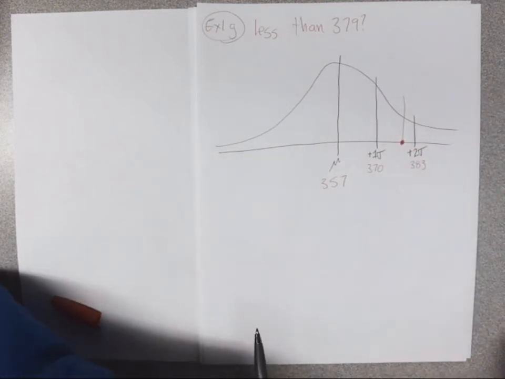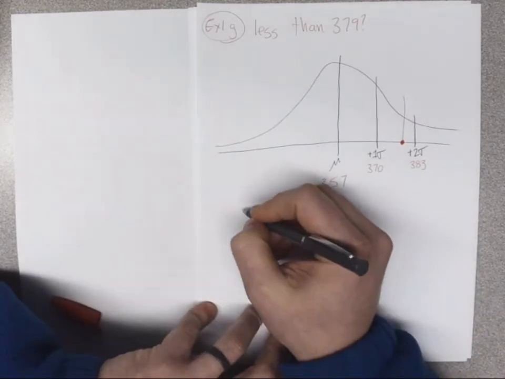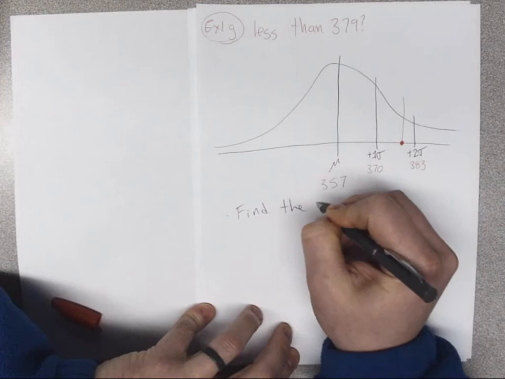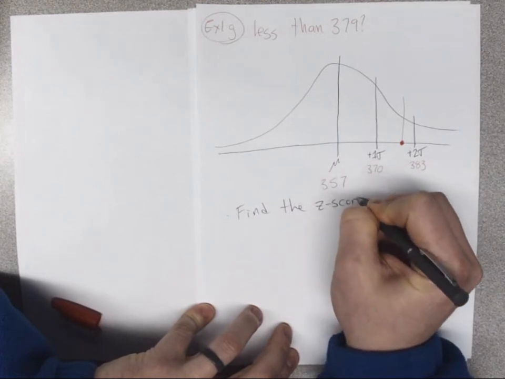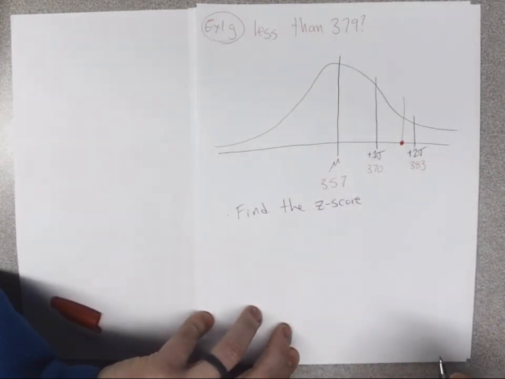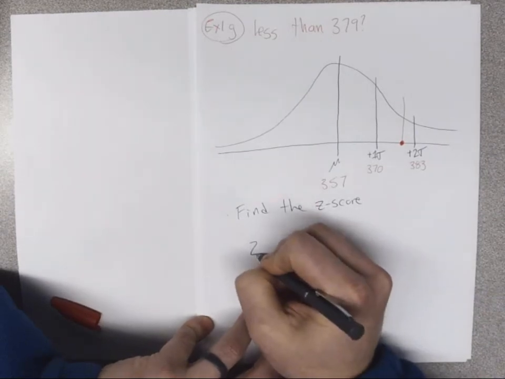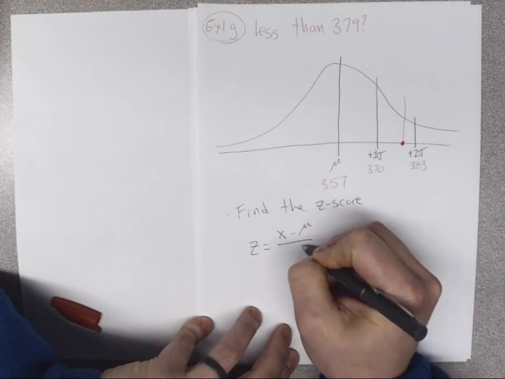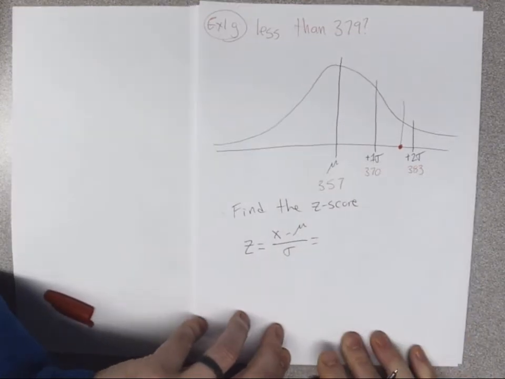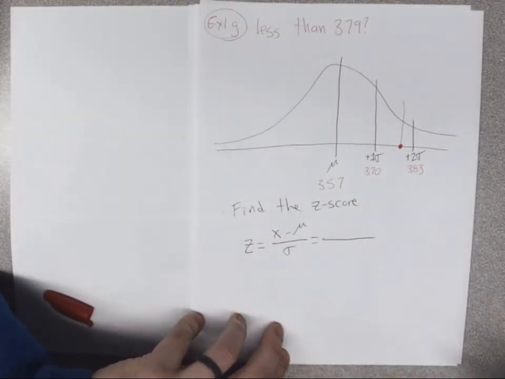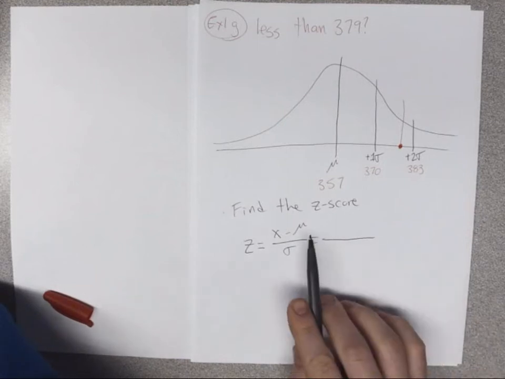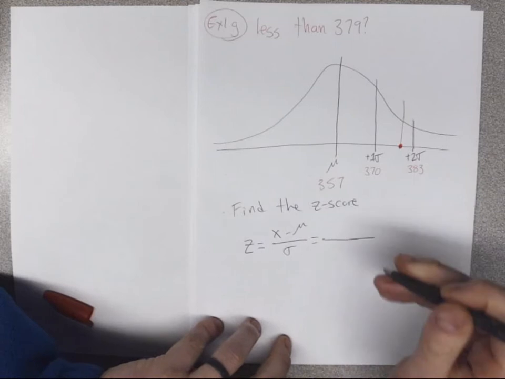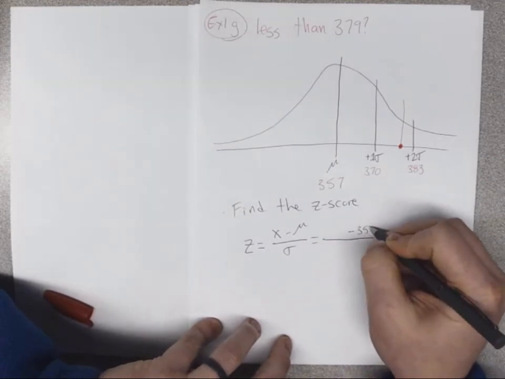All right, so how do we do that? We find the z-score. All right, z is equal to x minus mu over sigma. Let's plug in the things that we know. I know that mu, it told us, was 357, so there's a minus 357.